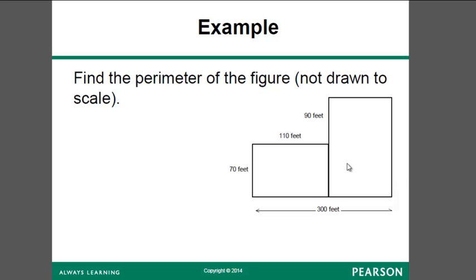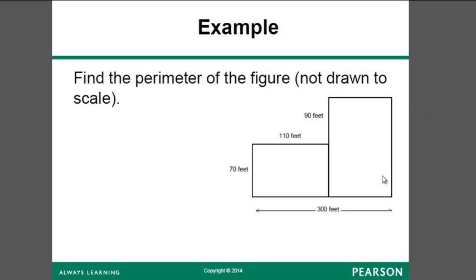So I may have to do some addition or some subtraction in here. If I know that this entire length right here is 300 feet, and I know that this length is 110 feet, I can determine that this length up here is the total 300 feet minus 110 feet.